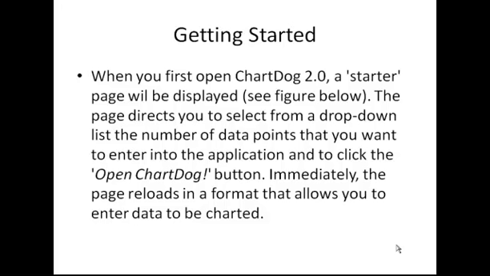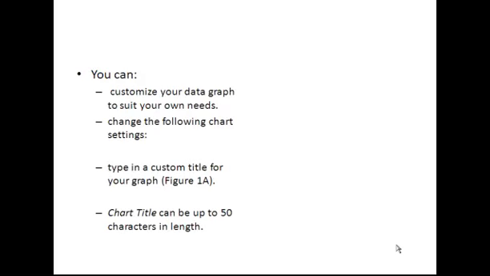So you're going to pick 20, and that you're going to enter into the application. It's automatically going to give you like 50, but you're only going to use 20 of them. Immediately the page reloads into a format that allows this data to be charted.